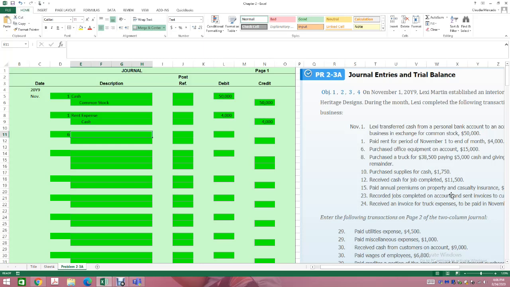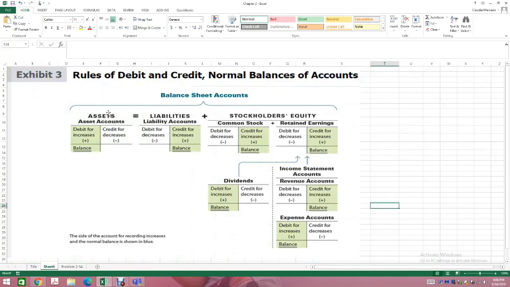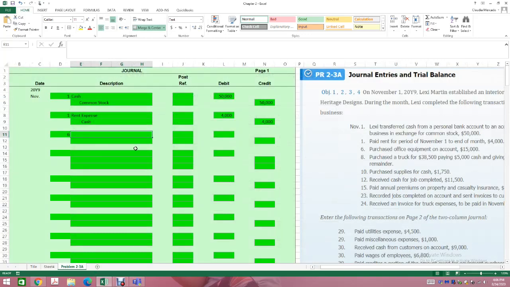Well, we bought office equipment. Do we have more or less office equipment? Well, if you bought it, you have more office equipment. Office equipment is an asset. So if I have more office equipment, then I'm going to debit my account. So office equipment increased, and this office equipment was $15,000.